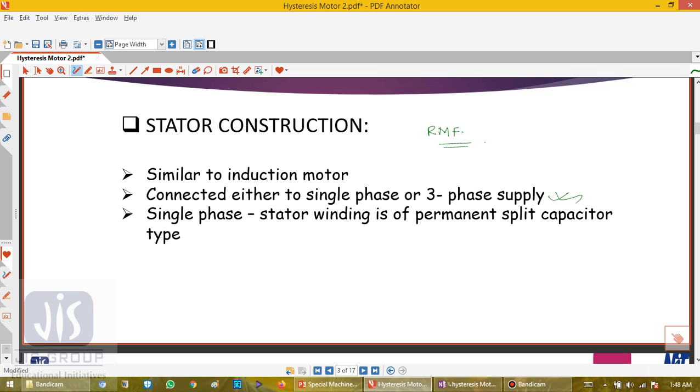We know that a three-phase motor produces a more uniform rotating field than a single-phase motor.